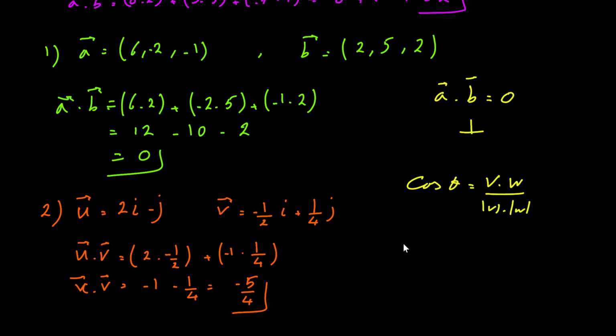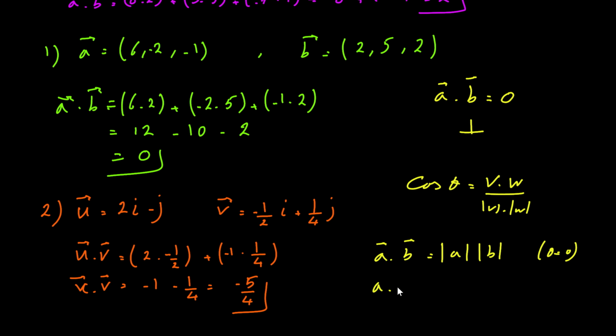One of them needs to be negative. So if we want to write it down, if the dot product of A and B is equal to the magnitudes multiplied, that gives us a theta equal to 0.